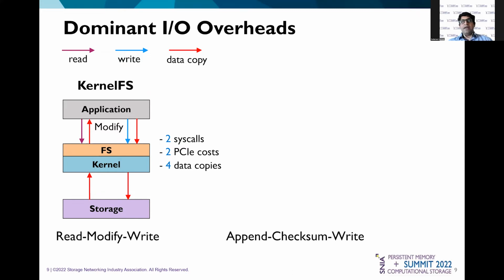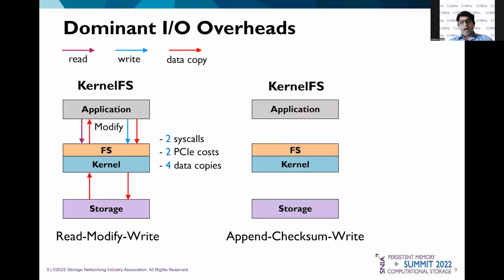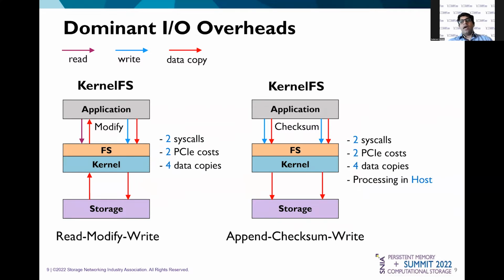Similarly, for append, checksum, write, you have to write the data, then make the changes, and then rewrite the calculated checksum again, and so on. All of this again also incurs significant system call costs, PCIe costs, data copies, and so on. So a question is, can we reduce these overheads?